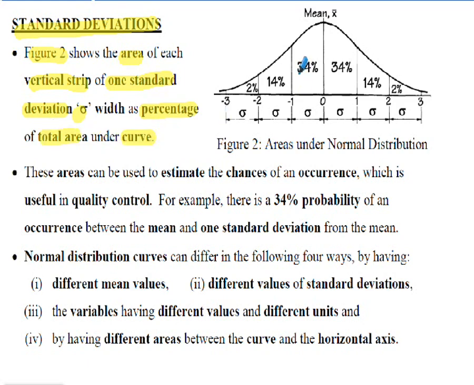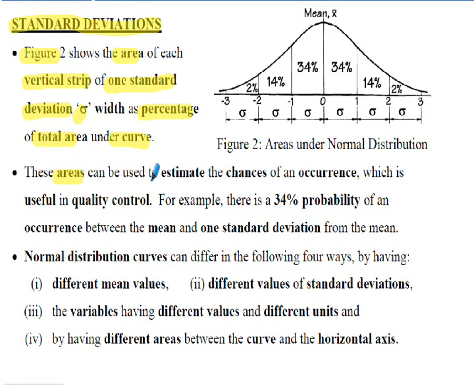So in the first standard deviation to the left and right of the mean, we've got 34% of our population on either side. In the second standard deviation on either side of the mean, we've got 14% of the population. In the third standard deviation either side of the mean, we've got roughly 2% of the population.